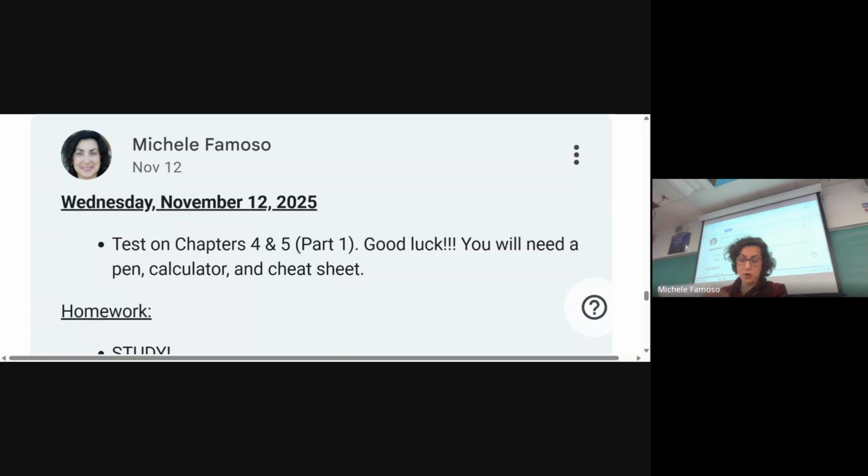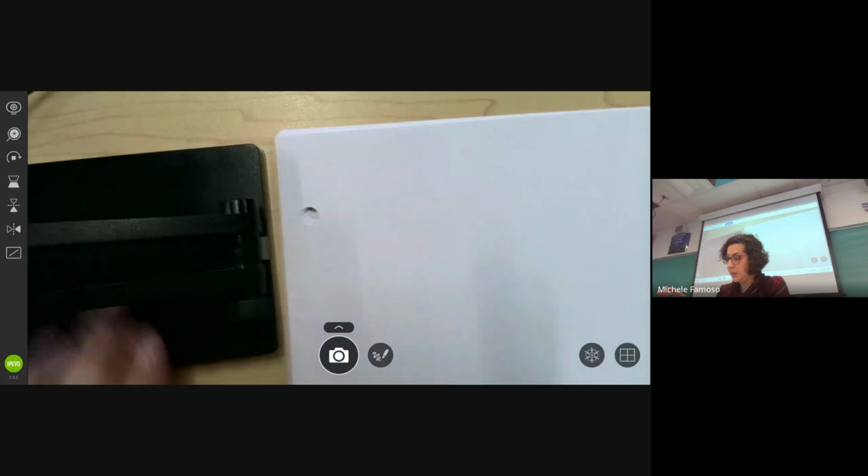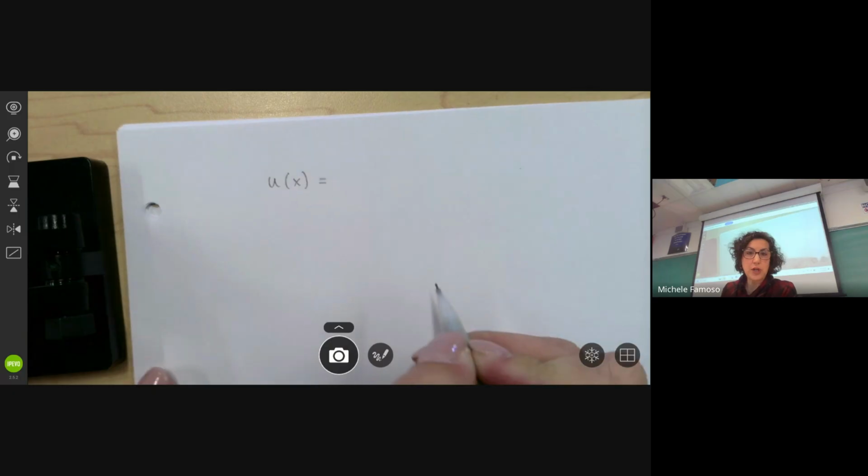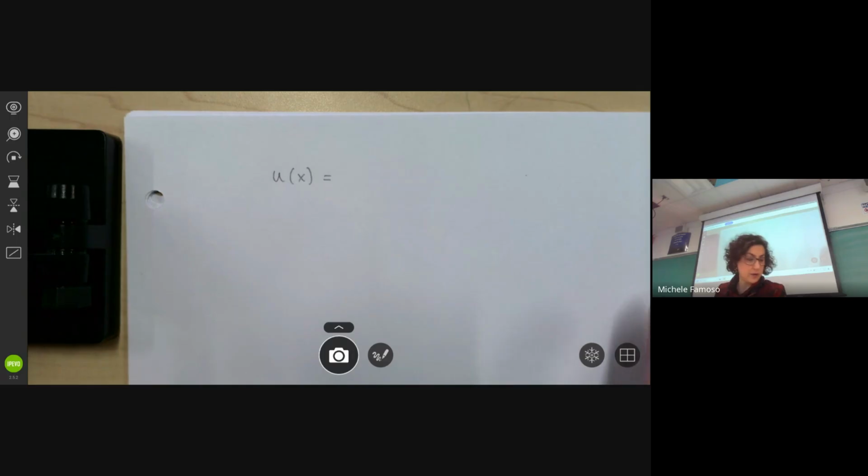All right, so in question 69, it says that the potential energy of a 4 kilogram object is given by this potential energy function, which is, hold on a second, let me get my camera straightened out. There we go.